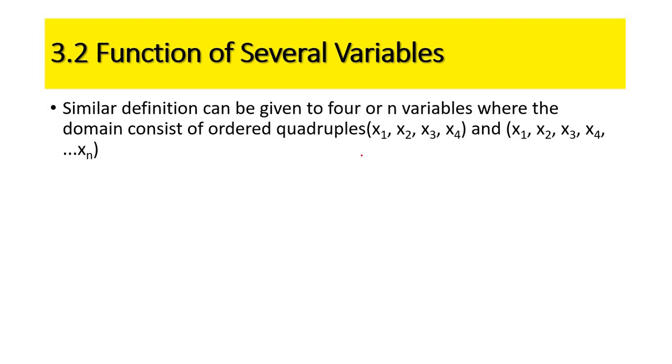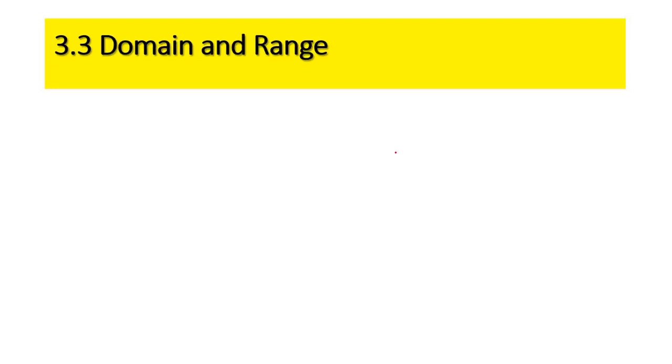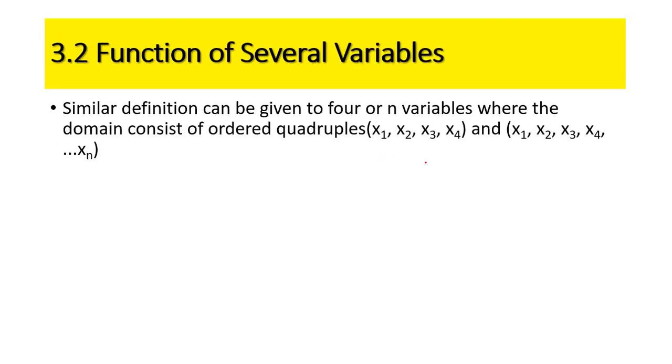If we have up to n variables, say x1, x2, x3, x4, up to xn, all the x's are the domain, and we put another variable, say w, as the range.